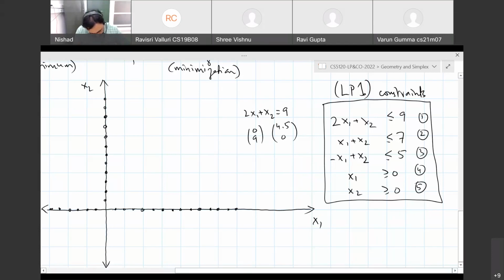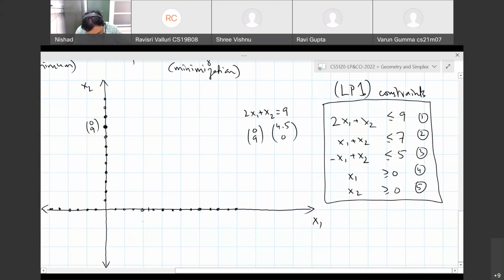Okay. So where is 9? 1, 2, 3, 4. Okay, let's see. 0, 9 would be here. So this is the point 0, 9. Okay. And 4.5, 0. 1, 2, 3, 4. Okay, so it's going to be here.